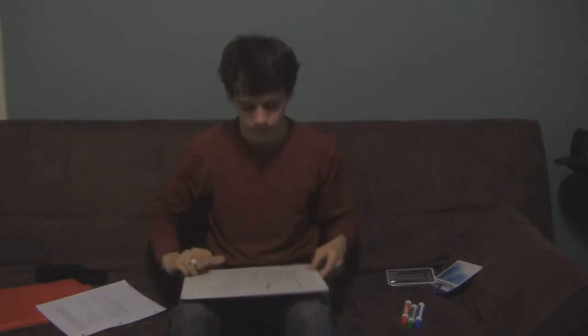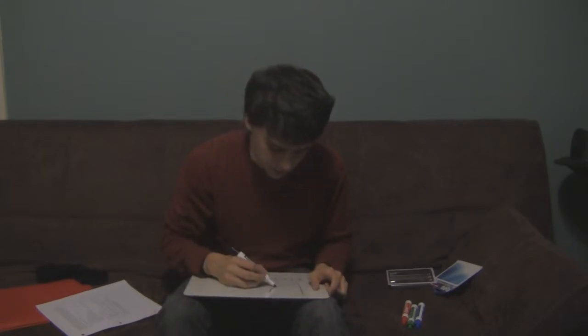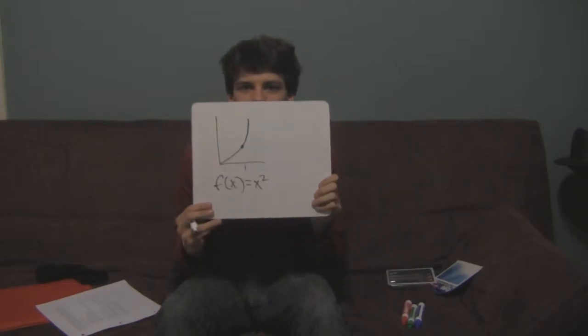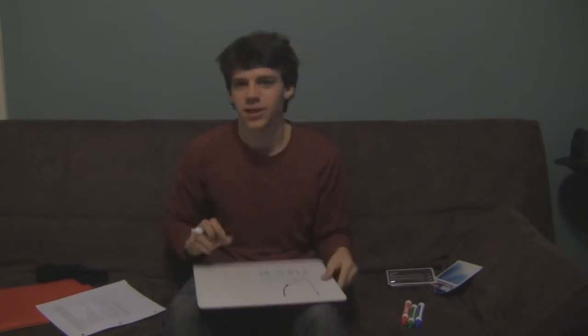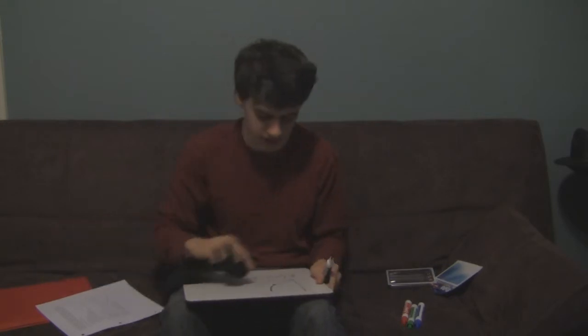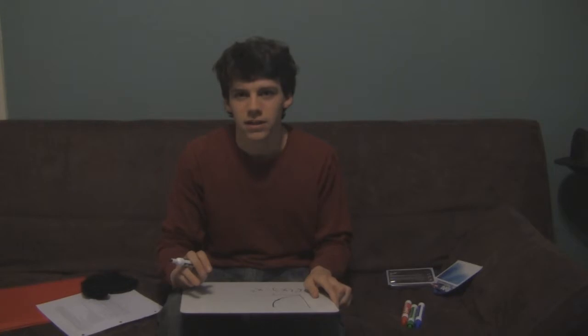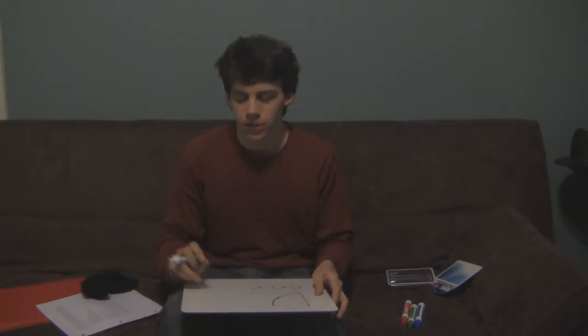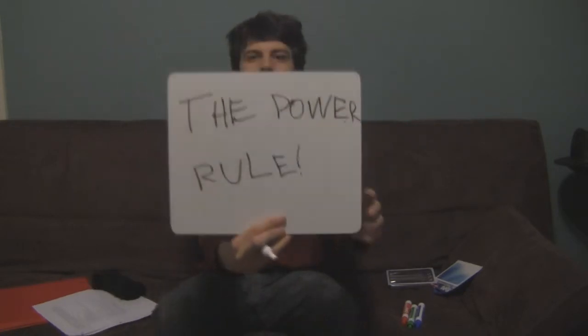Okay, so you could just guess and say, oh, well, at 1 the slope is, I'm just going to guess it's 1. But that's dumb and wrong, so you're going to get the question wrong if you do that. How you find the slope of that is by doing what we call a power rule.